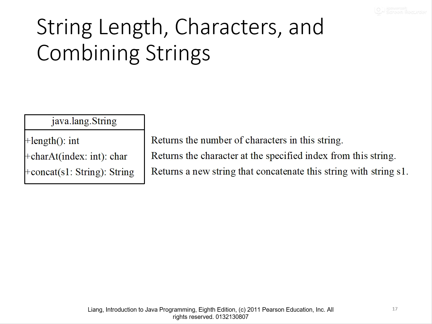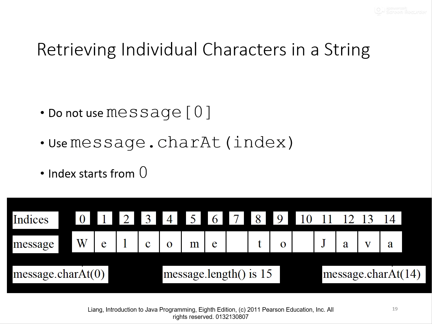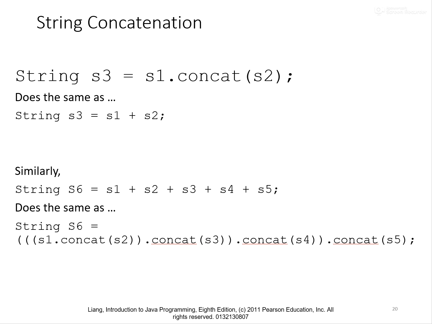All right, so if you're wondering, the plus sign that we just used does the same thing as the concat method. So as you can see, using the plus sign to concatenate strings is actually much more readable than using the concat method. But they both accomplish the same thing.